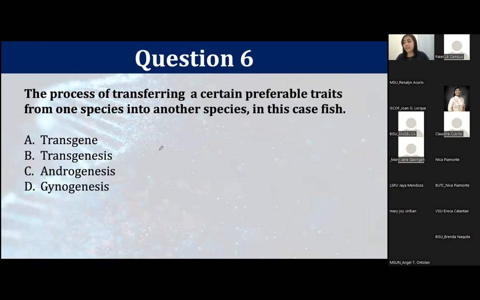Okay, the process. Some answered letter B, some D. How about the others? Letter B, okay. Most of you answered letter B. Very good, these students. It means the people teaching you are good at genetics and biotechnology.